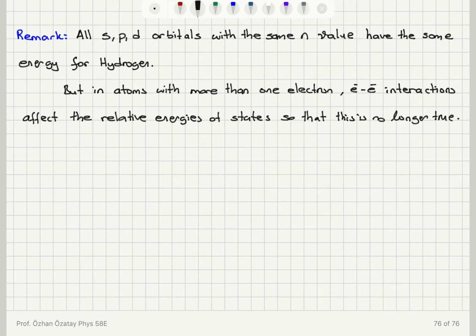We have a change in the energy due to the presence of other electrons. So electron-electron interactions will affect the energy values for electrons residing in these orbitals as well.